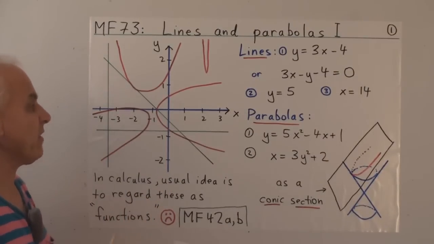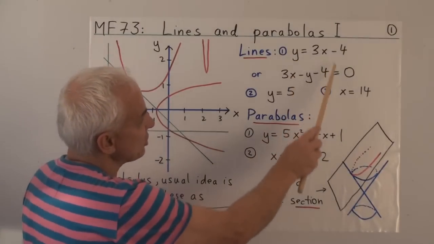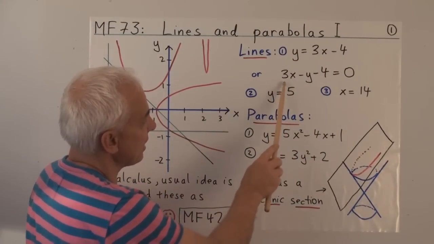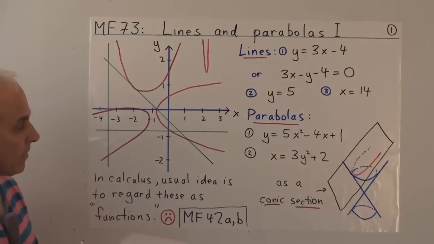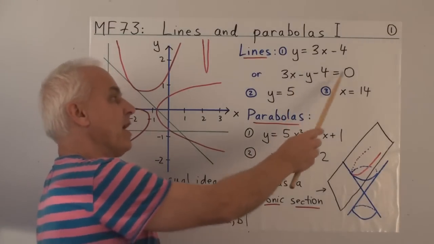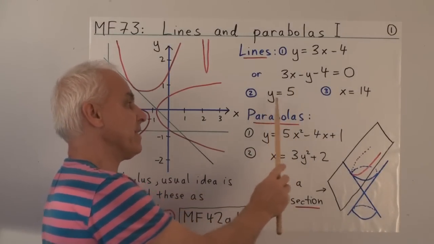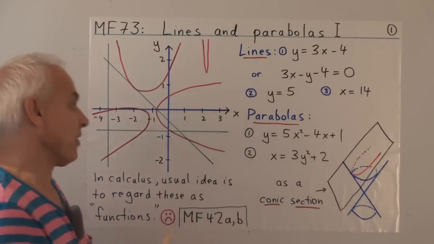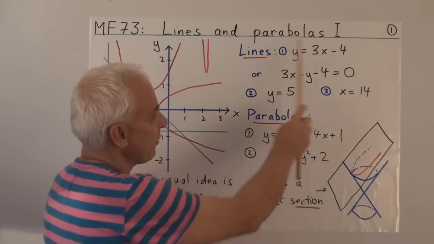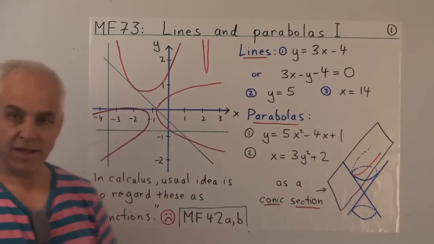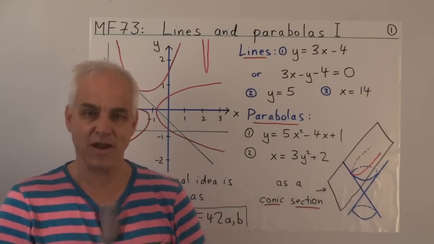Or an alternate way of thinking about that is to rearrange things to bring everything on one side. Say 3x minus y minus 4 equals 0. And that's not the only kind of line. We could also have a line that's just y equals something, like y equals 5, or say x equals 14. These are all examples of lines in the plane in an analytic geometry kind of framework.